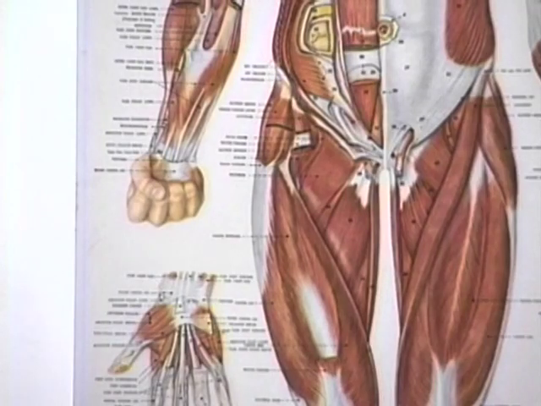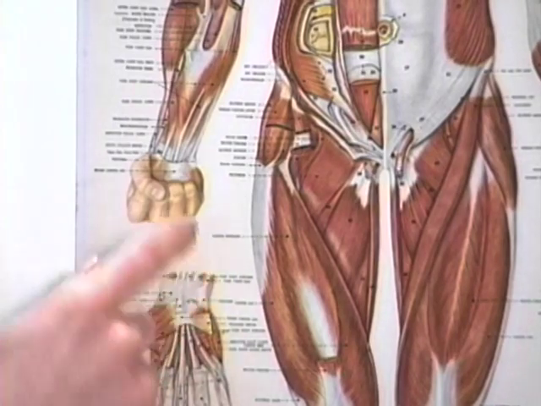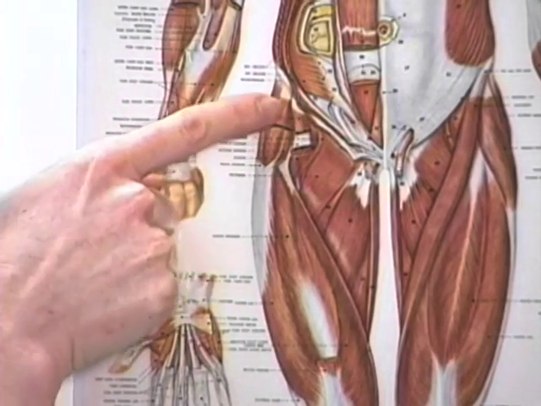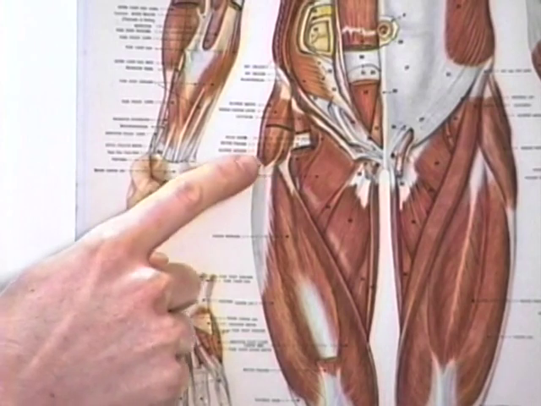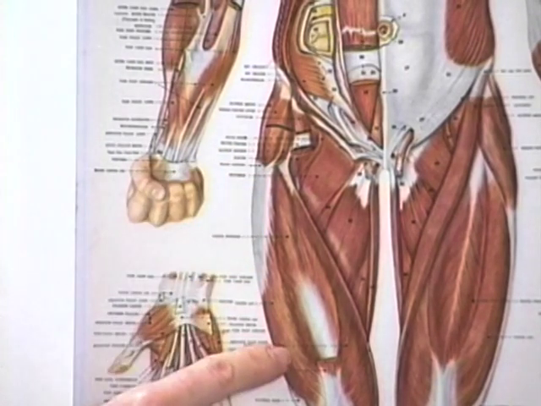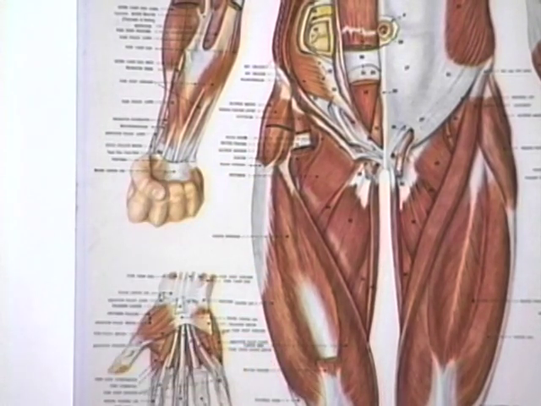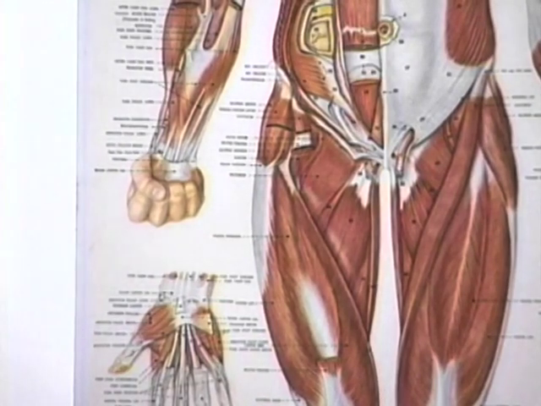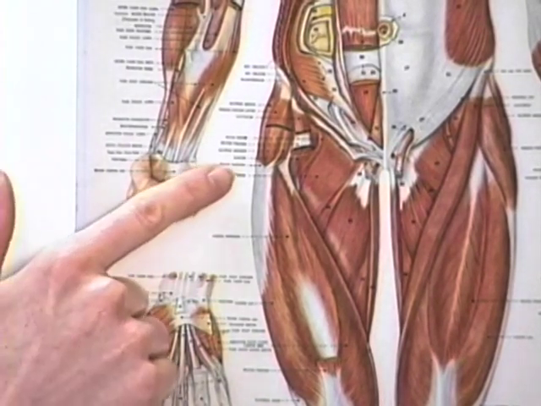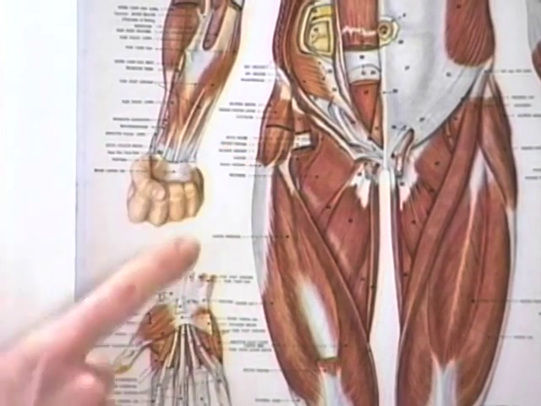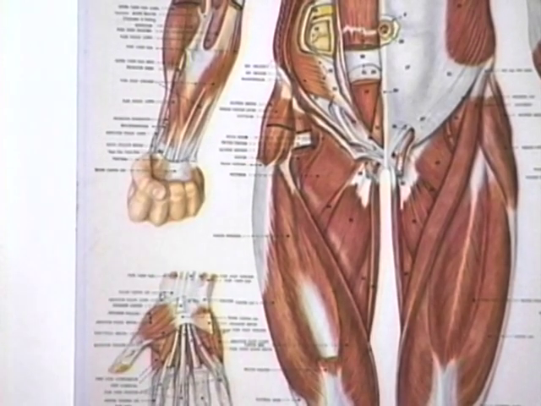So looking at our diagram, you can see that the tensor fascia lata itself is a relatively small muscle embedded into a large band of fascia called the iliotibial band, and this runs down the lateral portion of the hip. The muscle itself is literally embedded into this fascia, or this tendinous material.